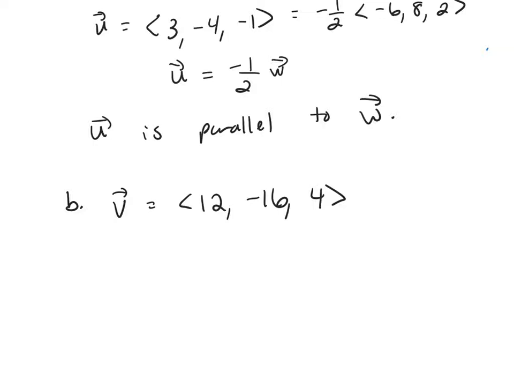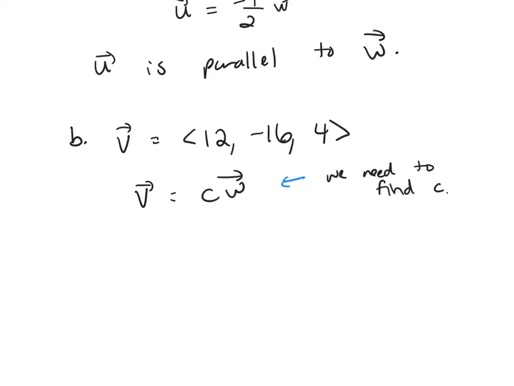We need to show that there's a scalar so that v equals c times w. If v is parallel to w, our goal is that we need to find c in this equation.